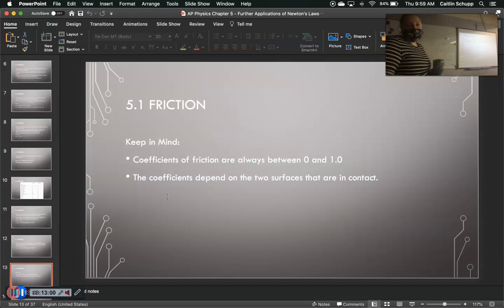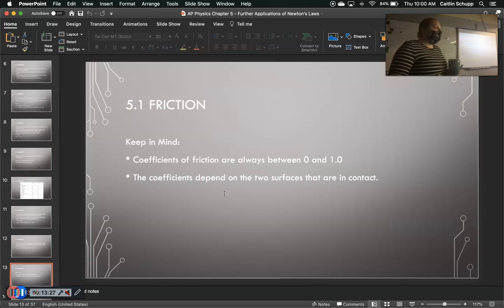All right. So just some reminders. Coefficients are always going to be between 0 and 1. Those coefficients depend on what two surfaces you're talking about. So a wood block on ice is going to have a different static and kinetic coefficient than a steel block on concrete.